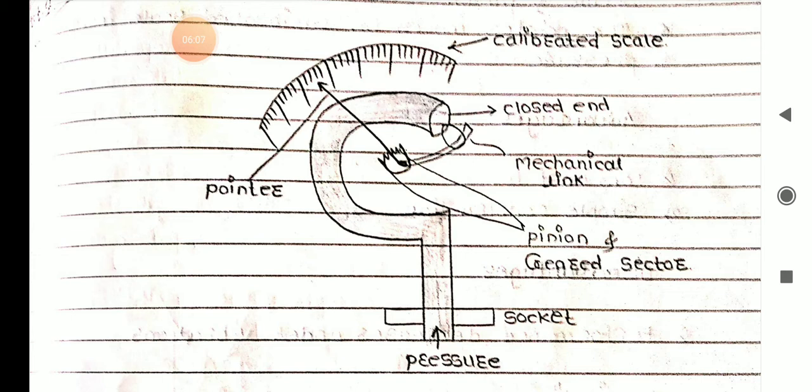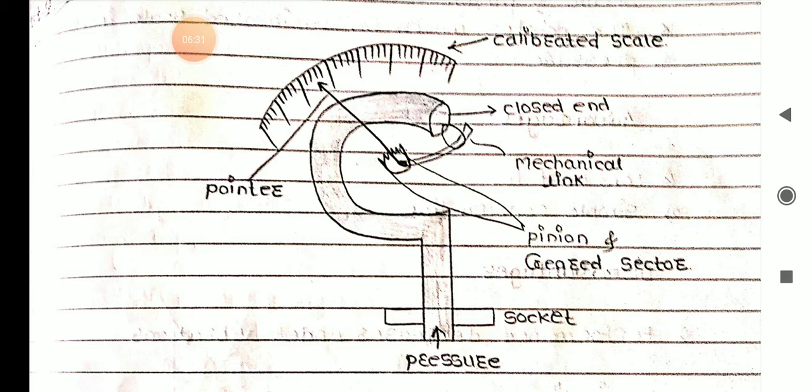The closed end is connected to the pointer with the help of a pinion and geared sector. As you can observe in the diagram, the pinion and gear sector are connected to the closed end.